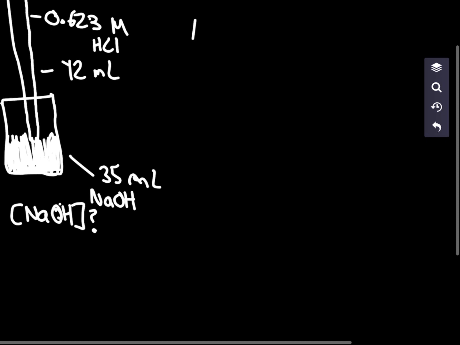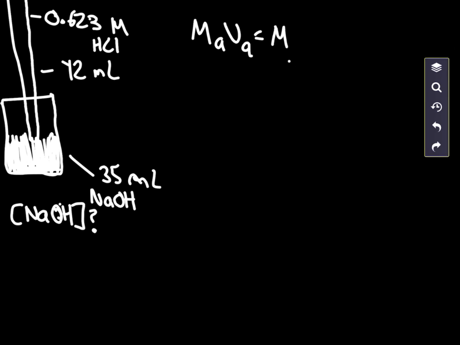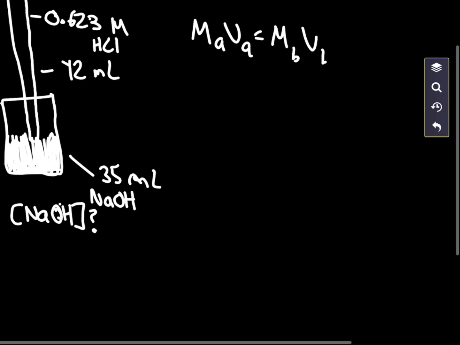Which is why we're going to use MAVA equals MBVB. So we don't know the molarity of the base. I mean, in this case, we know the molarity of our acid. That's going to be 0.623 molar, my bad.